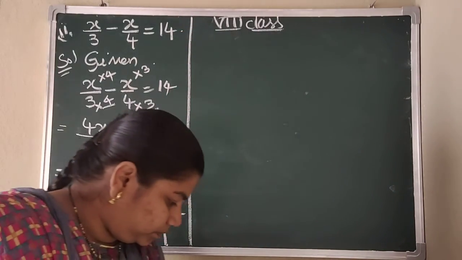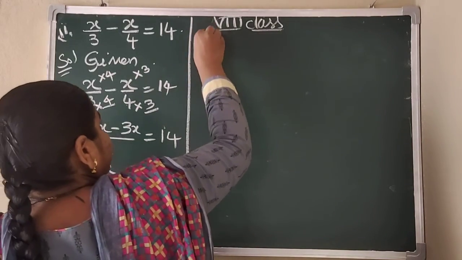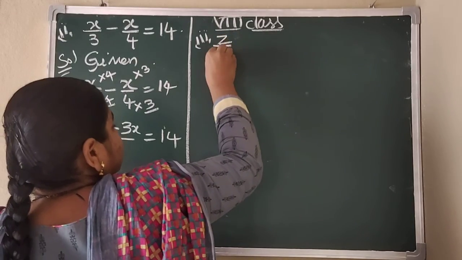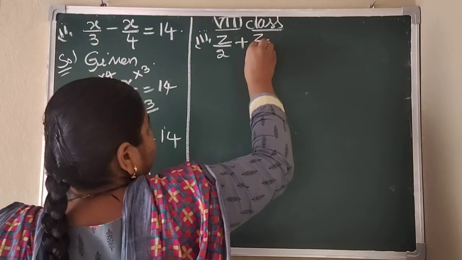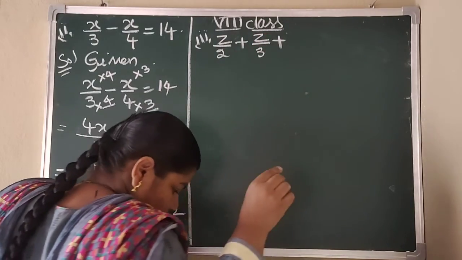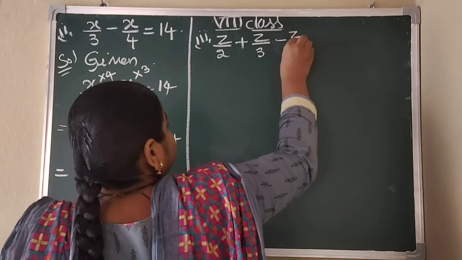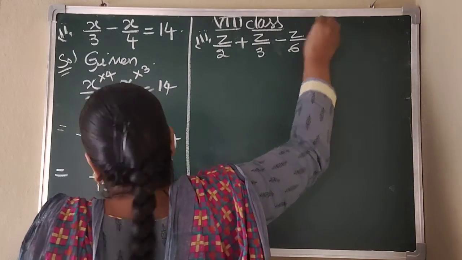Next, third one. z by 2 plus z by 3 minus z by 6 is equal to 8.